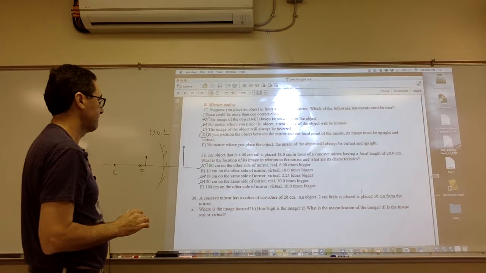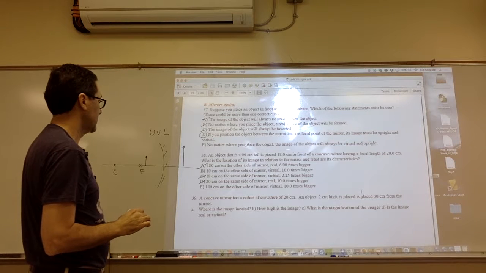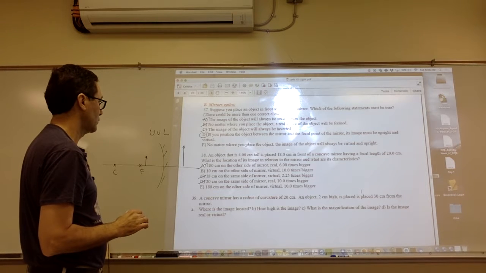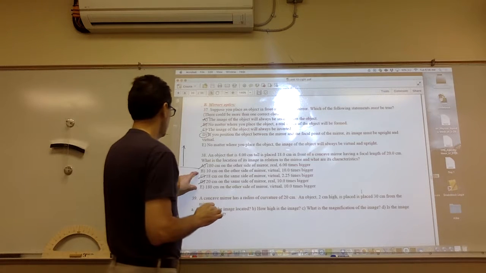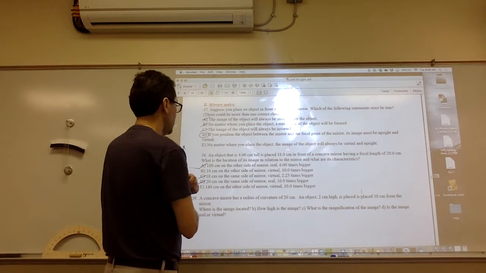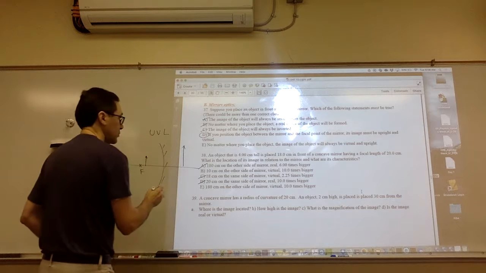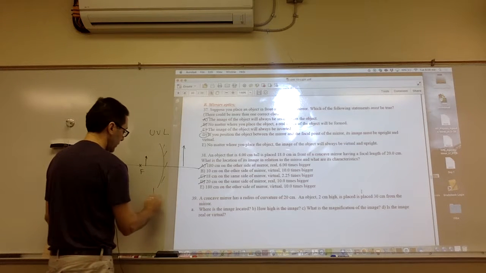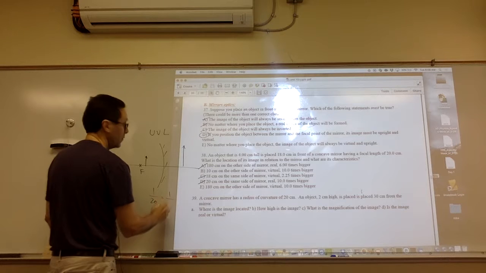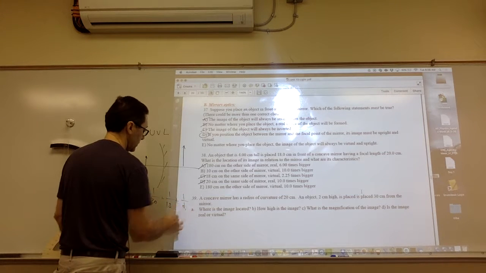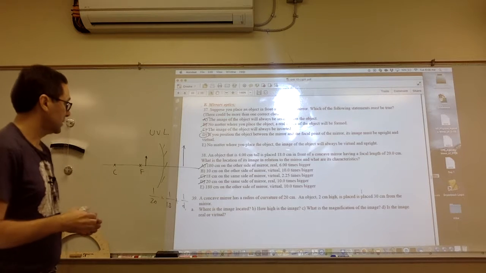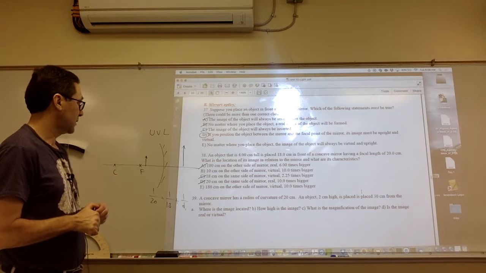So it comes down to B and E. I think we should do some math here. 1 over 20 equals 1 over 18 plus 1 over di. That should tell me how far it's going to be on the other side.